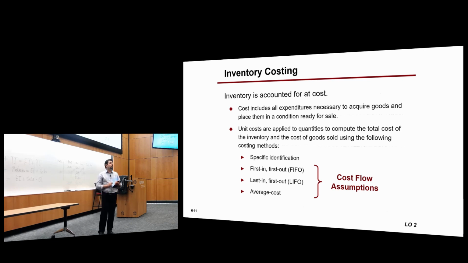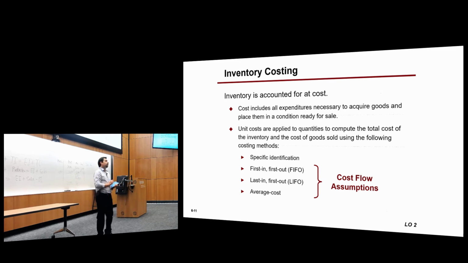And the third method is called average cost. This is where you calculate the cost of all the units, you divide it by the number of units that you have, and then you treat them all equal. It doesn't mean that you treat them equally. So although you might be allocating the cost, let's say $100, the actual cost might have been 110, but you take the average of all the items.